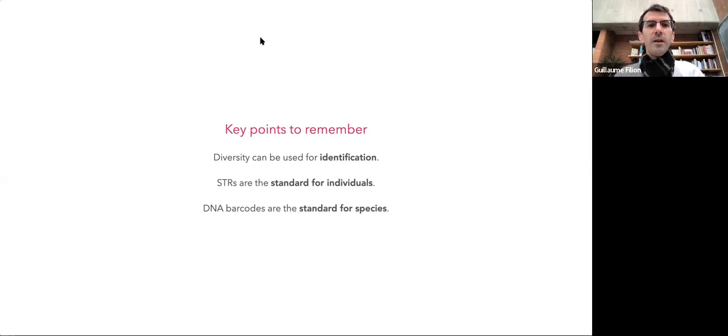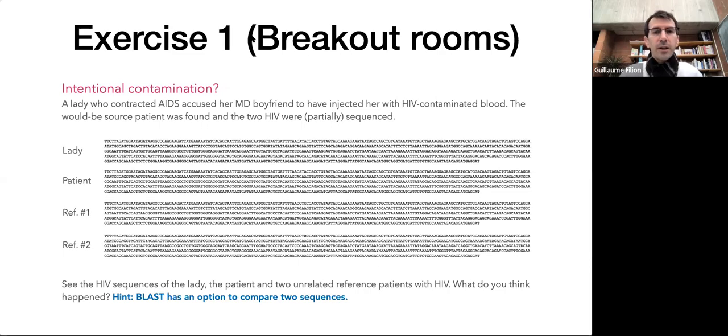All right. So here are the exercises. In the first exercise, you'll have to work with HIV, intentional contamination. A lady who has contracted AIDS accused her MD boyfriend of having injected her with HIV-contaminated blood. The would-be source patient was found, and the two HIVs were partially sequenced. So you have the DNA of the HIV from the lady, the DNA of the HIV from the patient that she claims she got the virus from, and you have references 1 and 2.